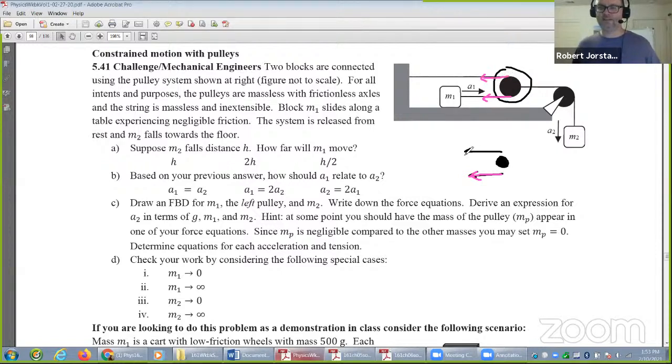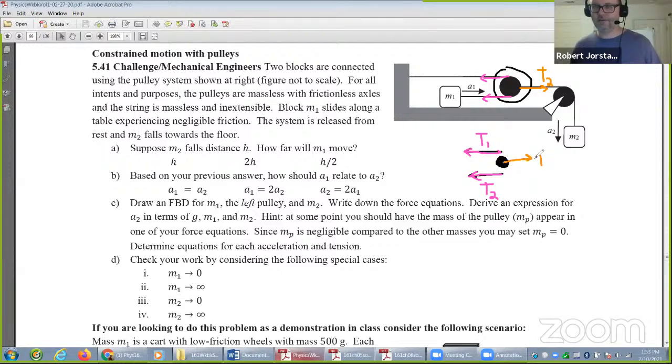And this, I'm going to call tension 1. And we see that that tension appears twice. The other string, I'll call that T2, is pulling on this.